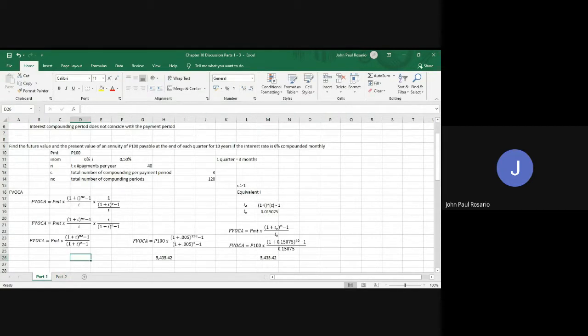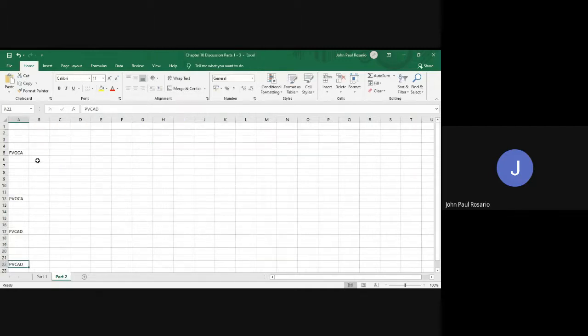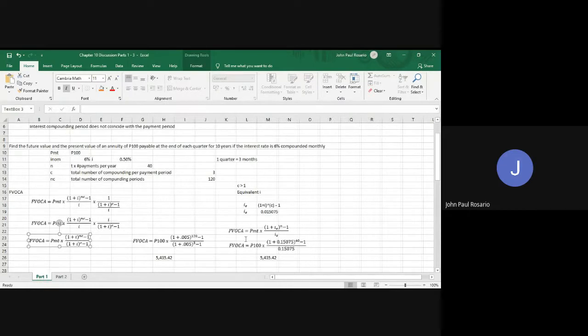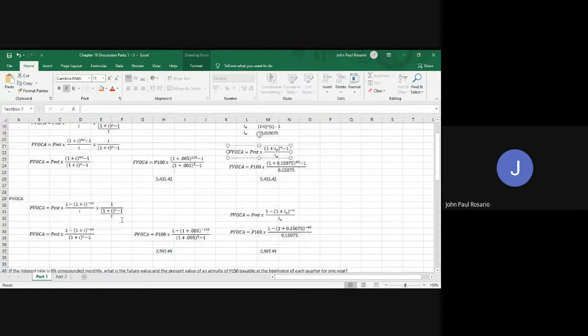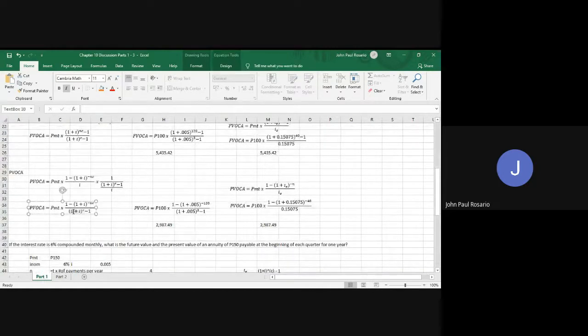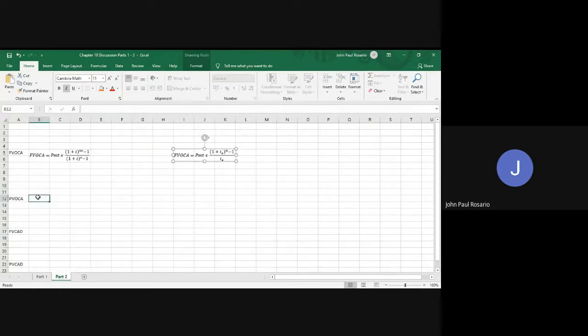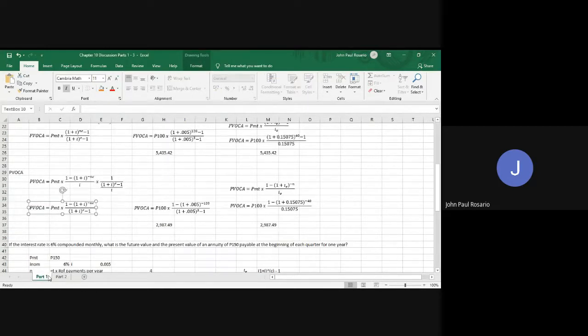Our final formula for ordinary complex annuity, the future value, is this one. This is for our reference book, and this is based on how I solve it. And then the second one, we have for our PVOCA, so we have this one. And on how I solve it, we are going to use this one.